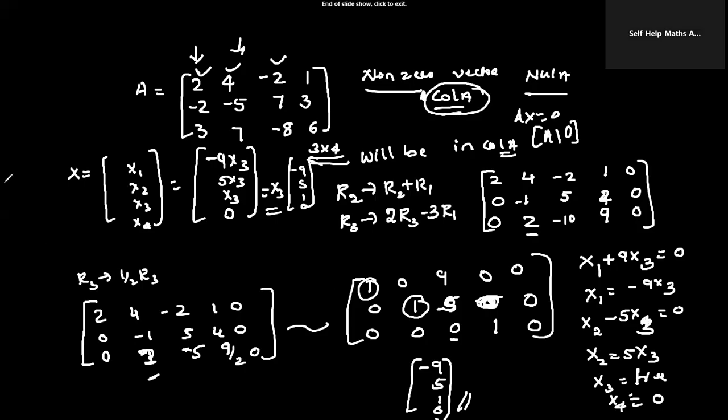Please try it, and you can get back to me with the answers in the comments. Let me give you a simple example. I'm giving you the same A as the previous example, but you have to consider u as (3, -2, -1, 0).